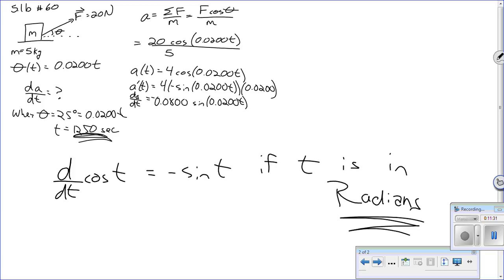The rules for differentiating sine, cosine, and tangent assume that your angle is measured in radians. So the time is fine, but I need to convert this 0.0200 degrees per second into radians per second.